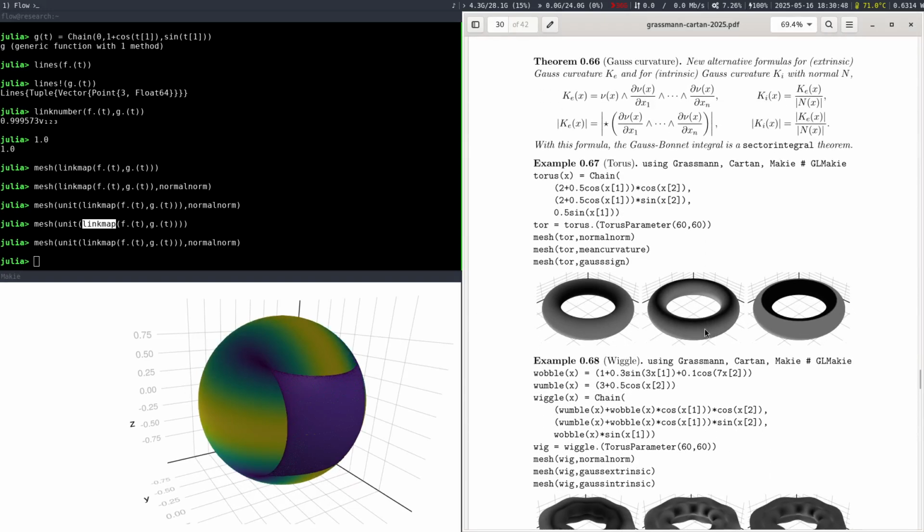Then we have the Gauss curvature. These are alternative formulas for extrinsic Gauss curvature Ke and intrinsic Gauss curvature Ki with normal n. If we take the unit normal map and use it to define Ke of x like this, then Ki is basically Ke divided by the norm of the normal.